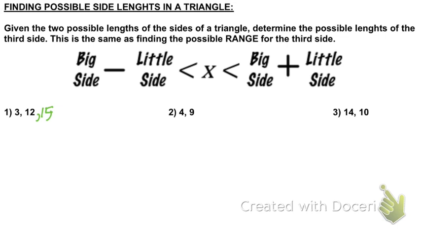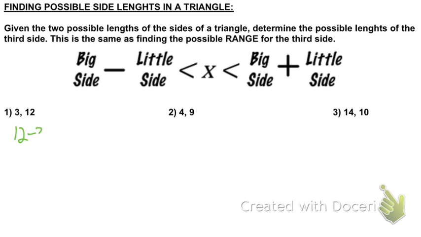So we're noticing there's a range here. There's some sort of range, right, as to what the third side could be. Here we have some math that actually tells us how we can figure out that range it can fall into. So you take of the two sides you're given, your big side minus your little side. So between 3 and 12, what do we think we're going to call the big side? Probably 12, right? What do we think we're going to call the little side? 3.